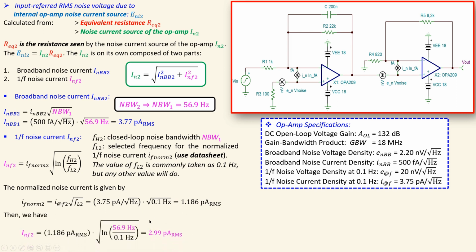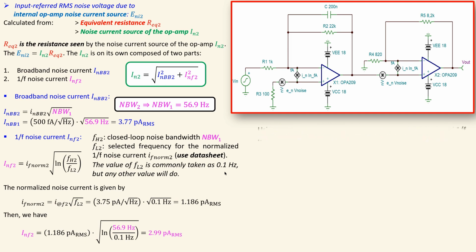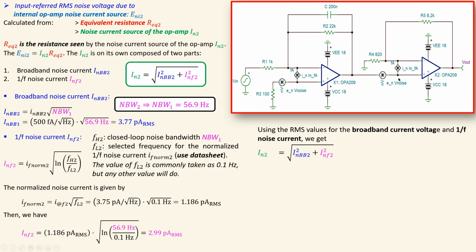So this is the 1/f noise current, and this is the broadband noise current for the second stage at the input. Okay, now we need to of course add them up using this formula to get the actual total input referred RMS noise current source value, which is then 4.81 picoamps RMS.